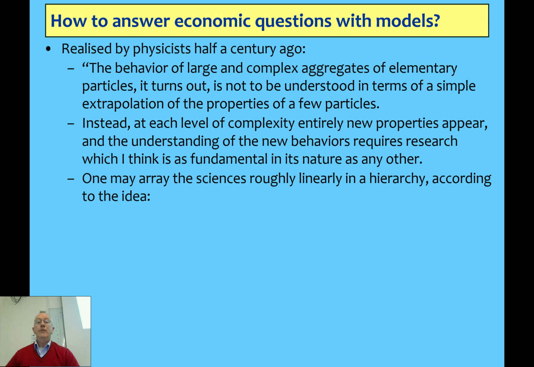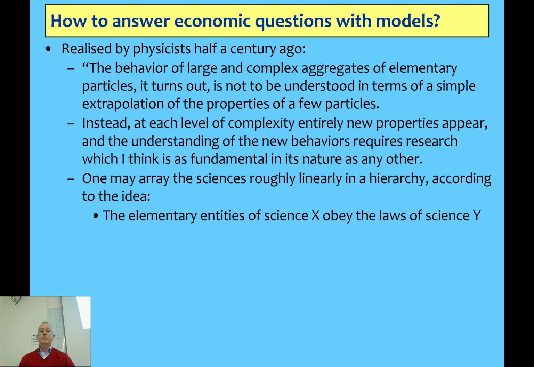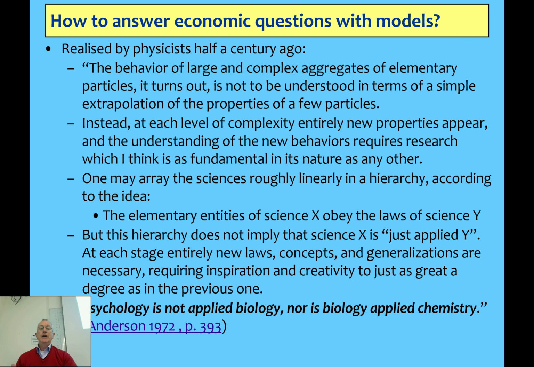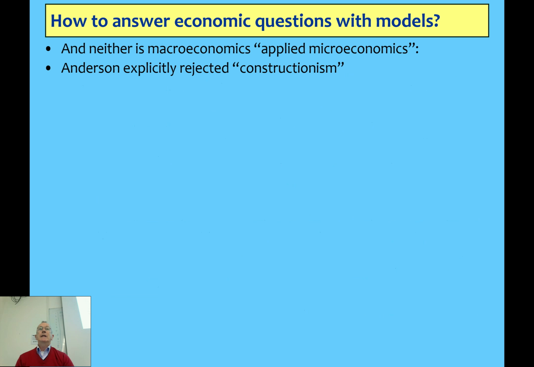And he said even if you want to array the sciences according to the concept that the elementary entities of one science obey the laws of another, that doesn't mean you can derive the laws of the higher one from the concepts of the lower one. So you have to have new inspirations and new approaches. And he finishes up with this lovely line saying, psychology is not applied biology, nor is biology applied chemistry. And from our point of view, macroeconomics is not applied microeconomics.